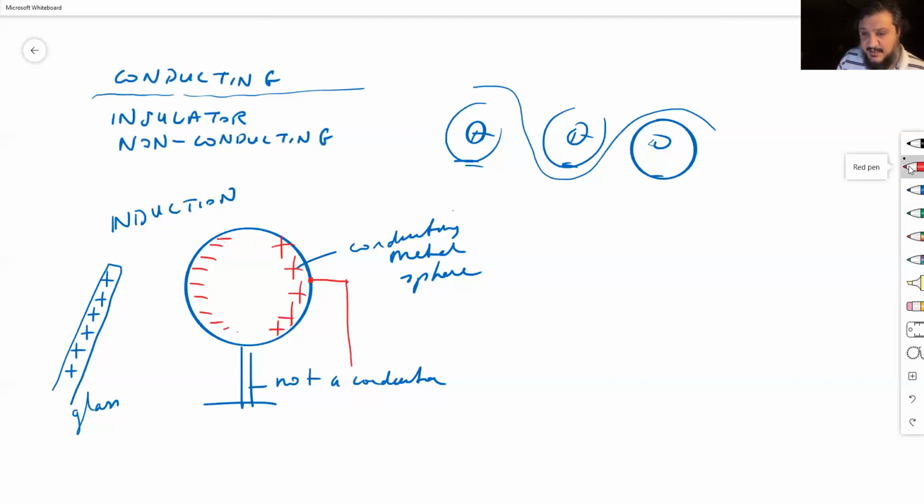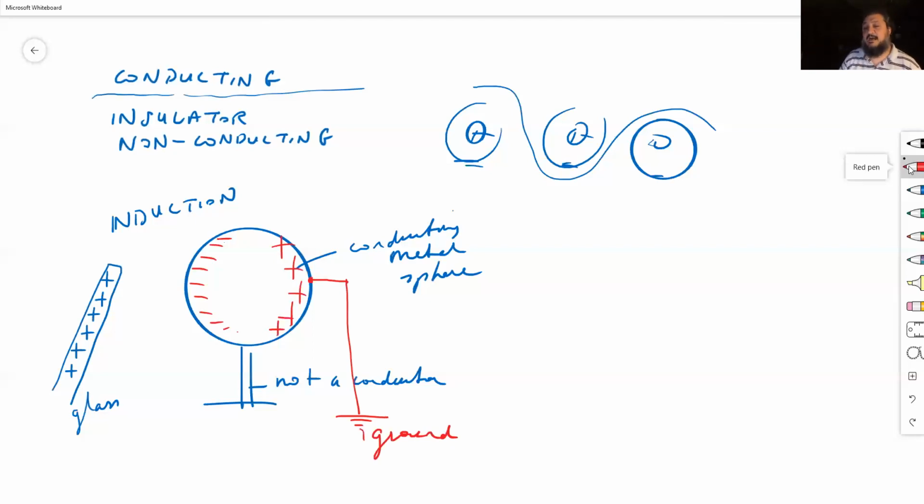And you can just ground it. You know, dig a hole in the ground and stick it in the ground. Ground is a reservoir of infinitely many charges.